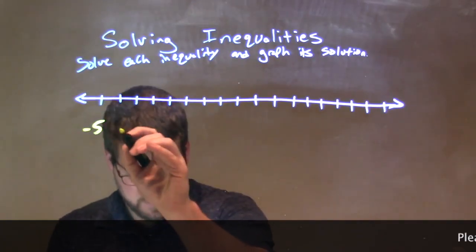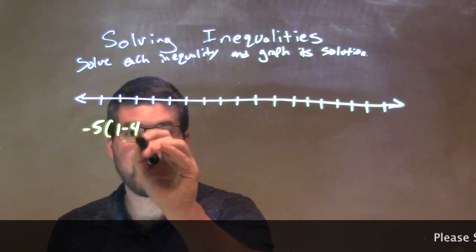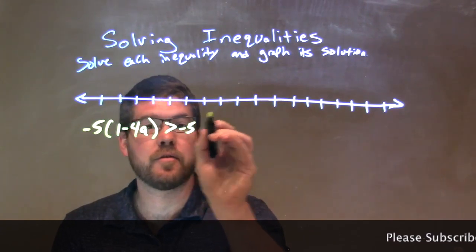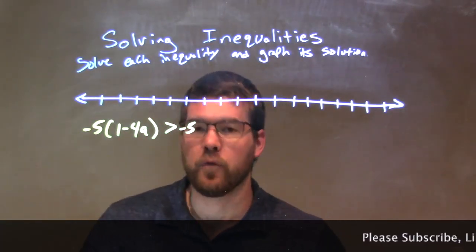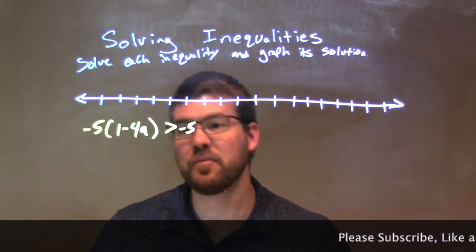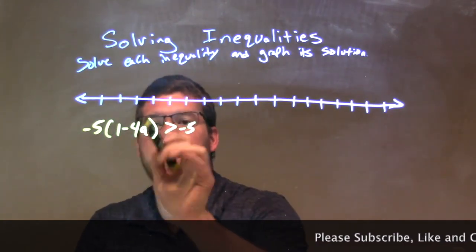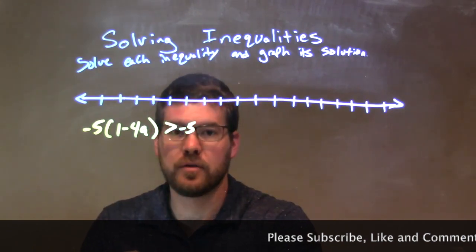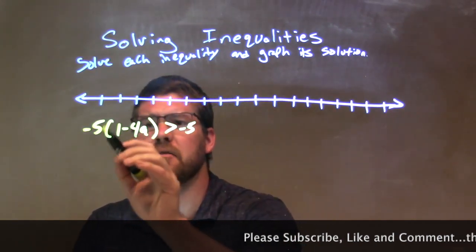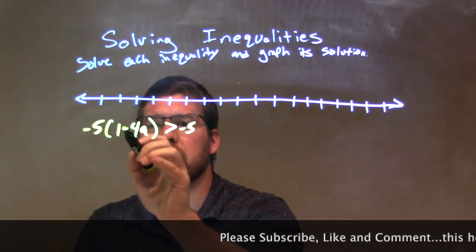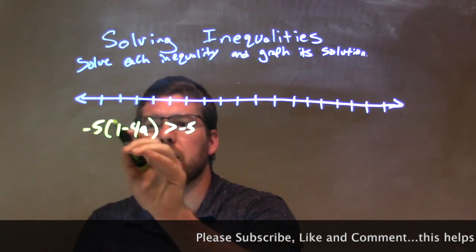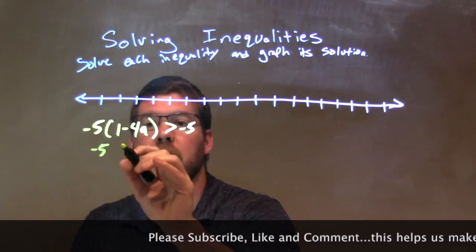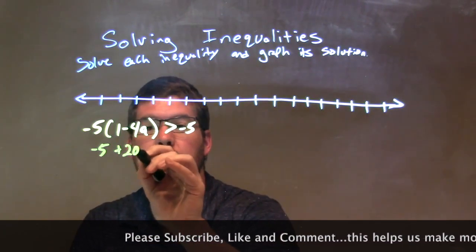Negative 5 times 1 minus 4a is greater than negative 5. Well, first thing I want to do, actually there's a few ways to go about it, but I'm going to distribute the negative 5 across first. So distributing that negative 5 across, negative 5 times 1 is a negative 5 right there, and negative 5 times a negative 4a is a positive 20a.